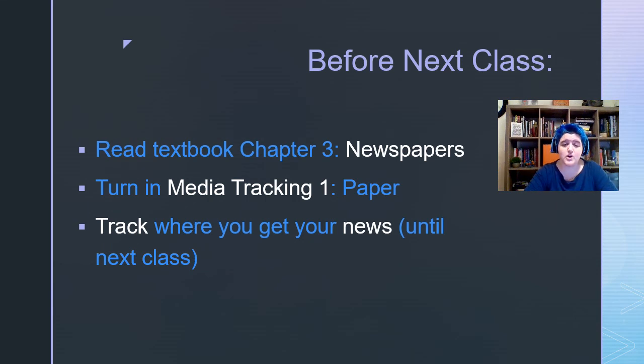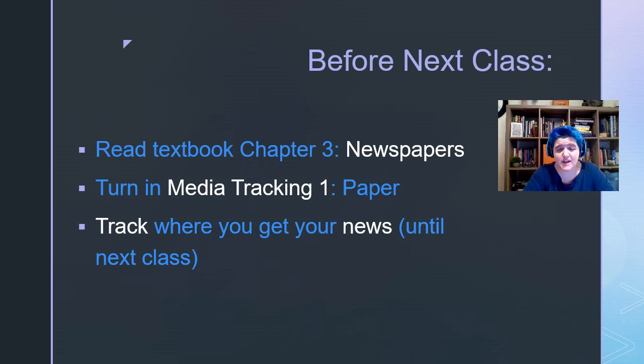All right, so before next class, you need to read the textbook chapter 3 about newspapers. I am assuming that you have gotten the textbook by this point, so I have stopped scanning the textbook for you. You should read in the actual textbook or find a friend who has one, the chapter about newspapers.